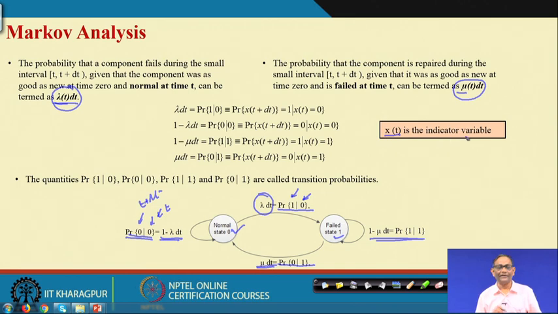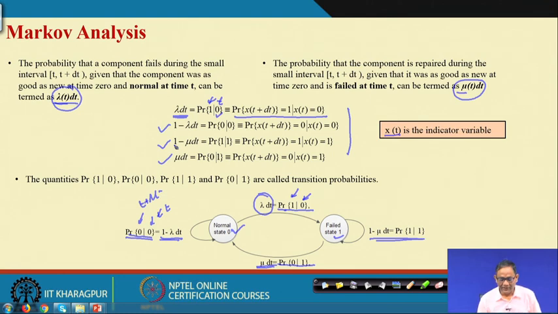So, we can use indicator variables to denote the probabilities. Then lambda t dt is: the component is working at time t, and at time t plus delta t it has failed. Using indicator variables you can write it like this: the probability that x t plus delta t equal to 1 given that x t equal to 0. In the same manner you can write down this and this.